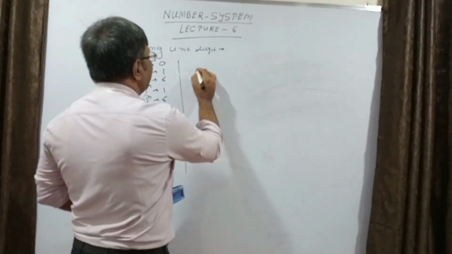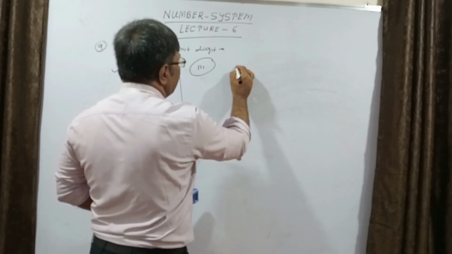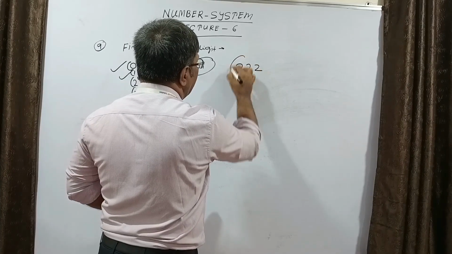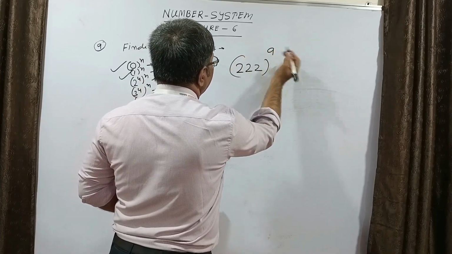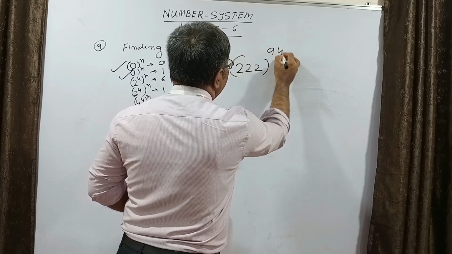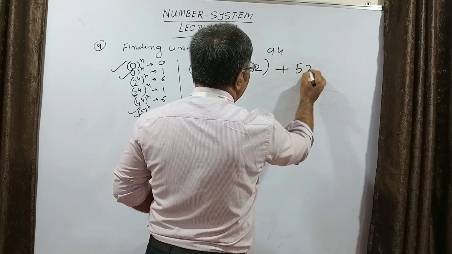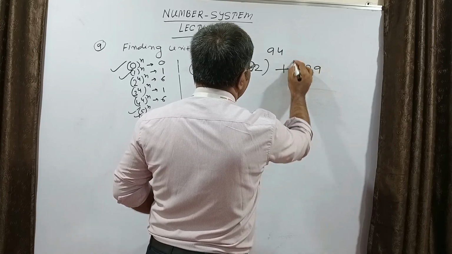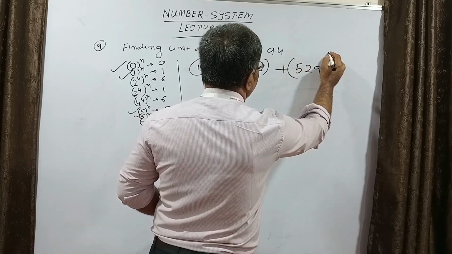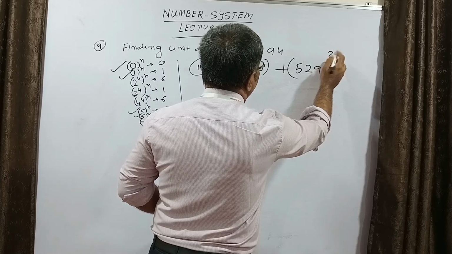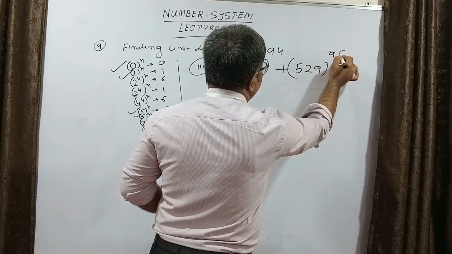So just like this is 222 power 94 plus 5 to 9 to the power 96.